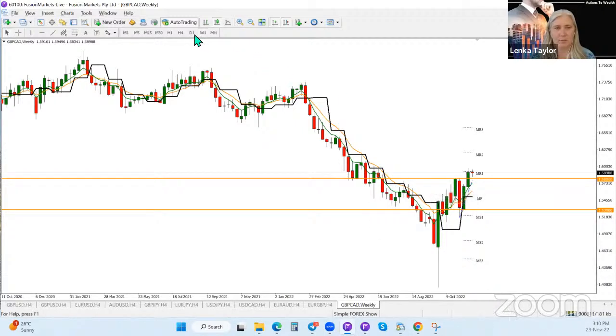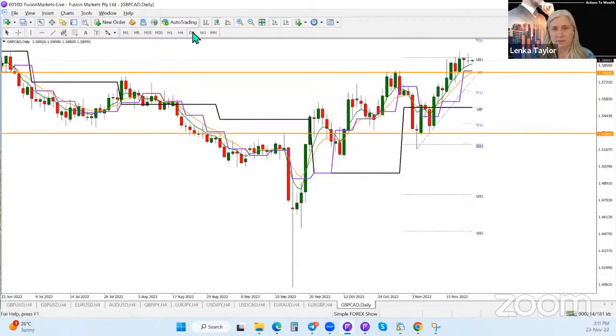However, we've just cleared the previous level of resistance. So I'm looking to see, is that actually going to hold, and are we going to have a retest, or is this going to come back into the channel, the previous channel, and go back ranging within?